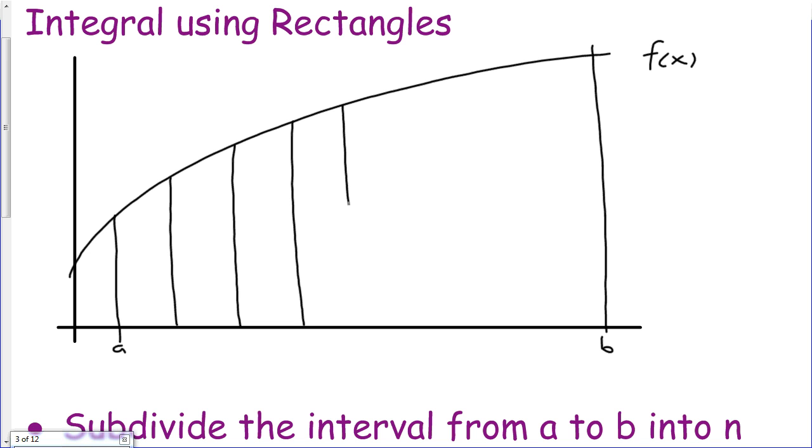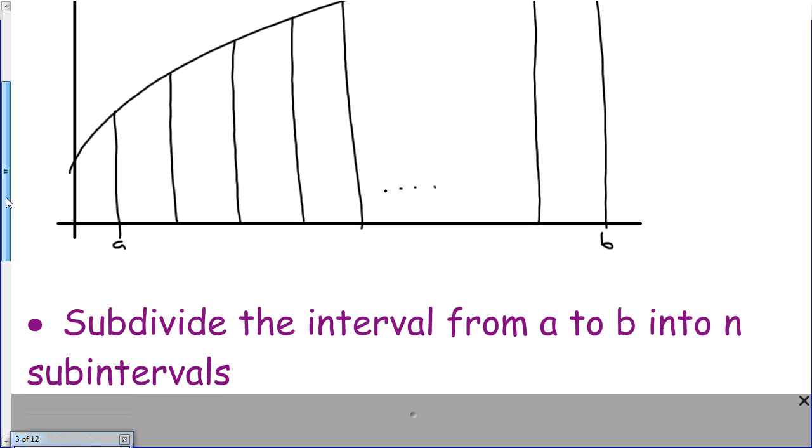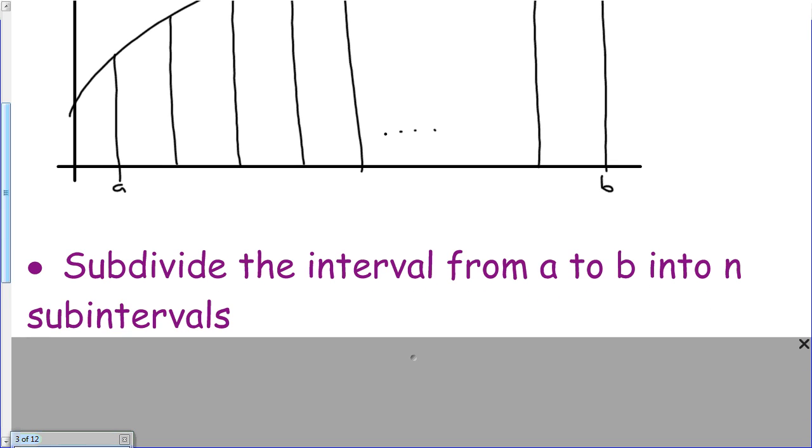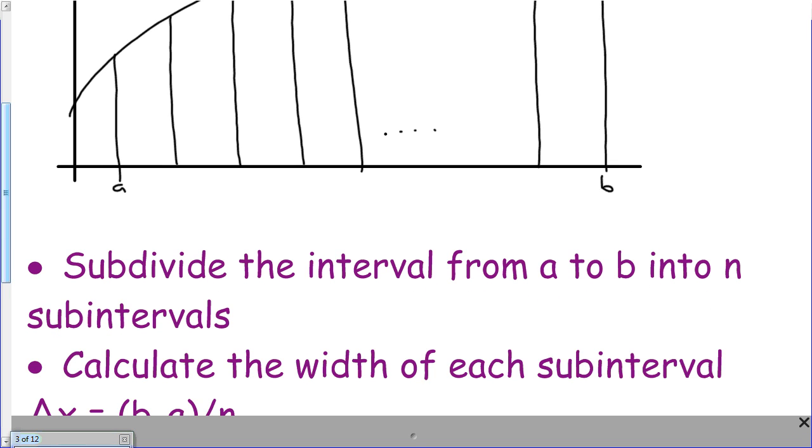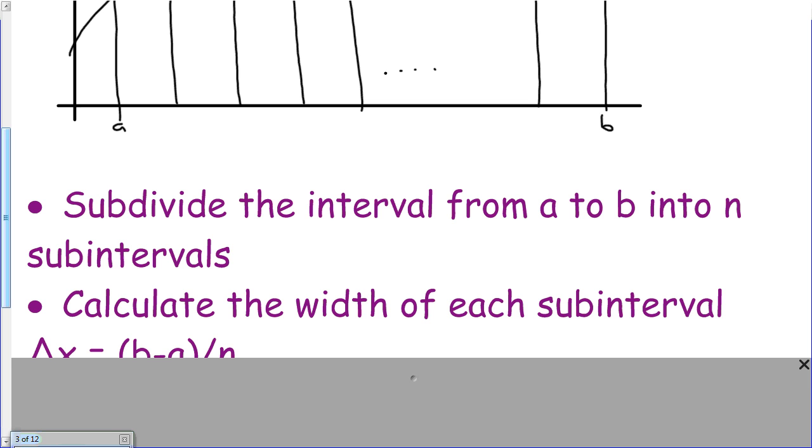I can put one more here, and then dot, dot, dot to indicate that it continues. We'll say that is our last subinterval, which will eventually be a rectangle. So we've got it subdivided into n subintervals. The next thing that we need to do is to calculate the width of each subinterval.